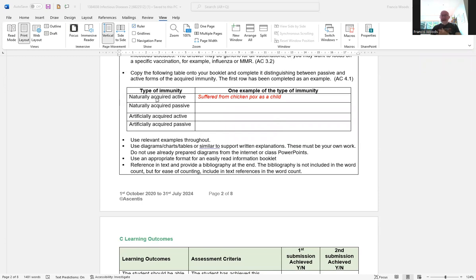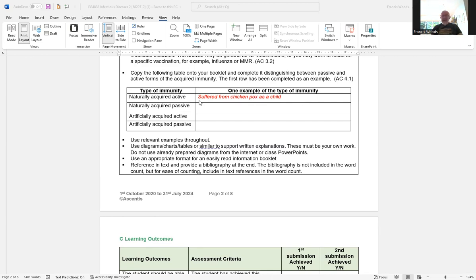So naturally acquired active immunity, so naturally acquired, in other words, you've caught it. If you suffer from chickenpox, and twice, I know some of you in class have said it 3 times, chickenpox as a child. So that's naturally acquired. So you've built immunity from being exposed and having the disease.